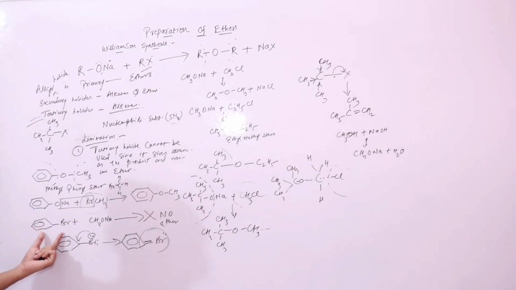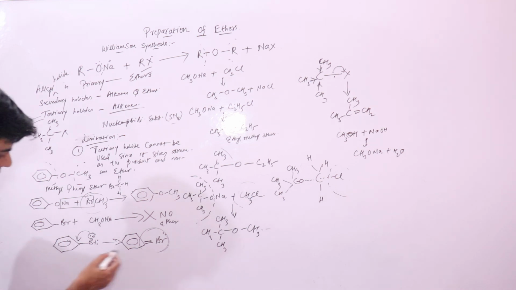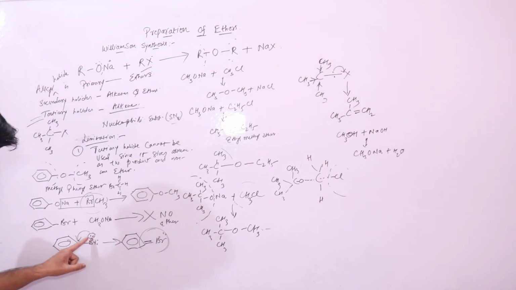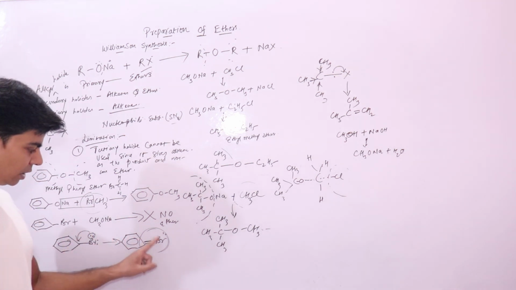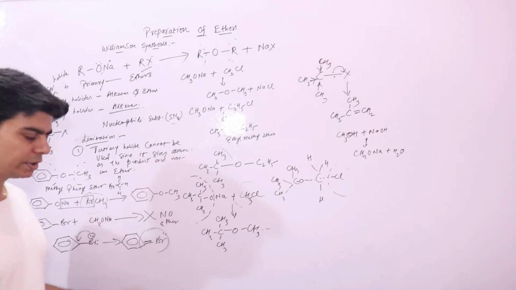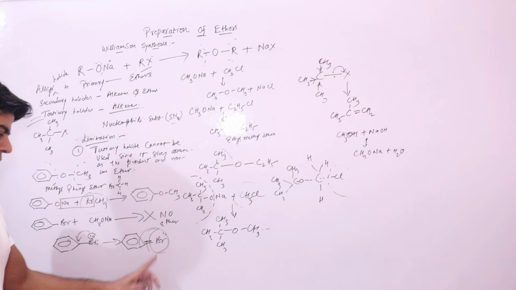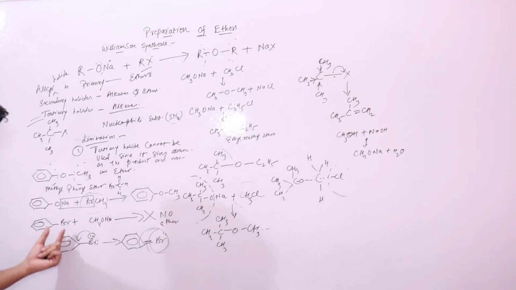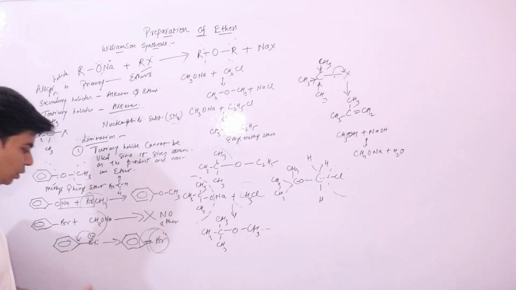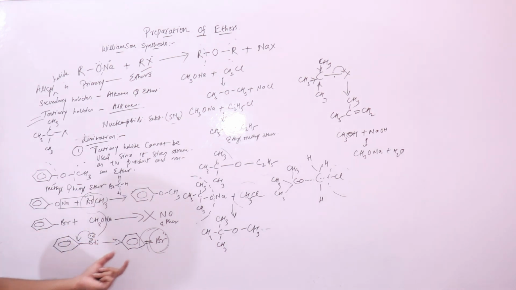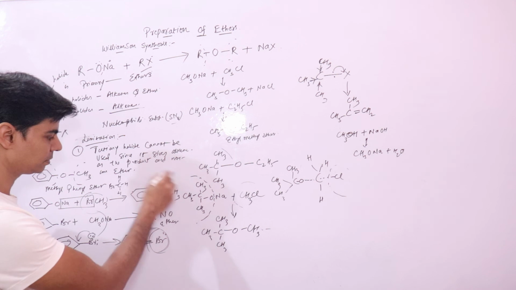But if I take aryl bromide, it is difficult to break because, due to resonance of this lone pair of electrons, it develops a partial double bond character, which is a strong bond. So it is not possible to replace this halide ion from here by this methoxide nucleophile. So that is why this reaction won't take place and you will not get this ether.